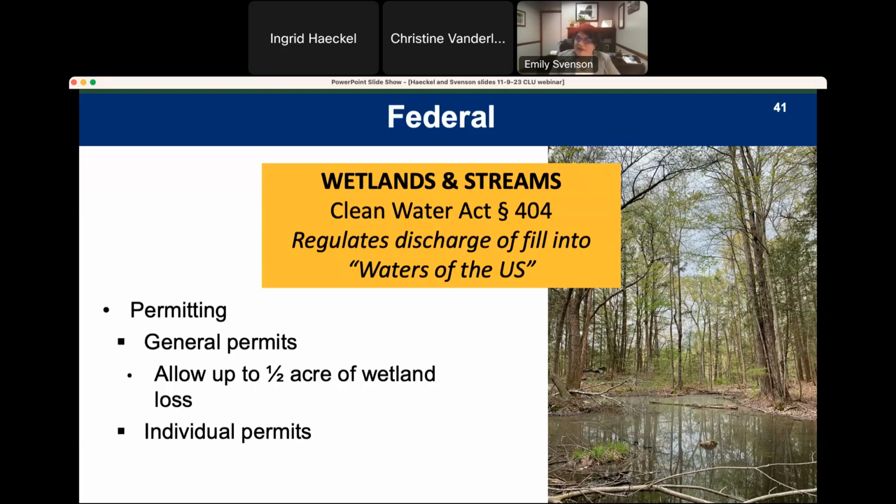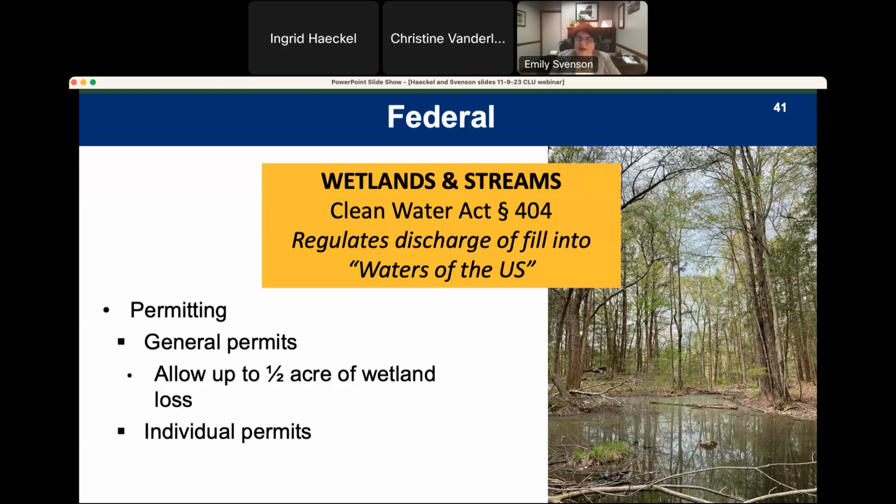For instance, there's a general permit that allows disturbance of up to a half acre of wetland loss for residential housing construction. So there's quite a lot of availability of permits through the Army Corps of Engineers, which is who implements Section 404 of the Clean Water Act.